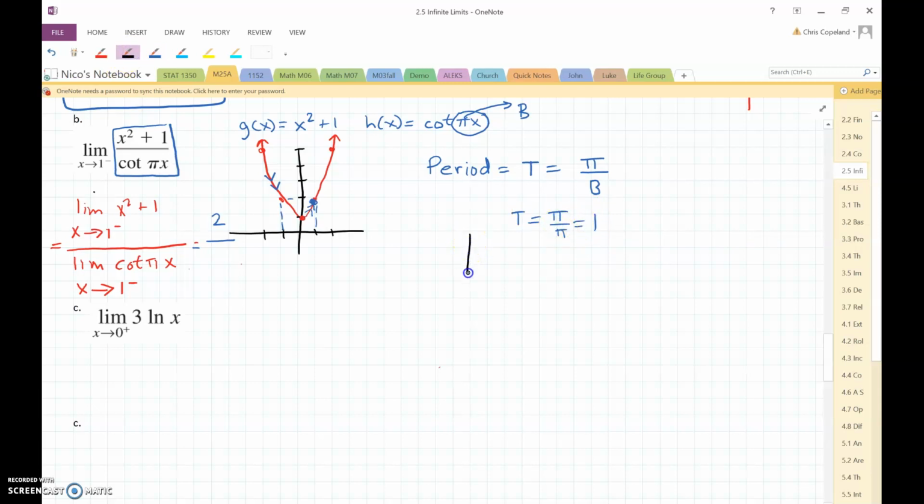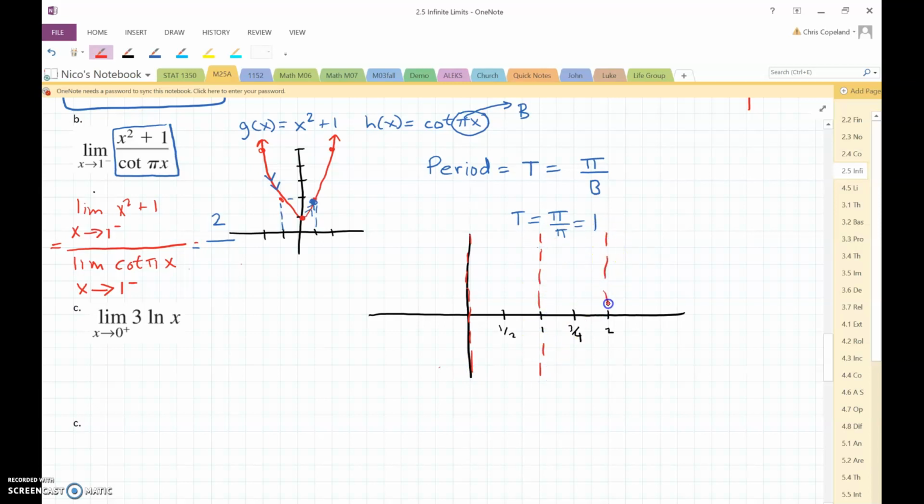So let's graph that. Okay, we're going to have a vertical asymptote here. Vertical asymptote here.